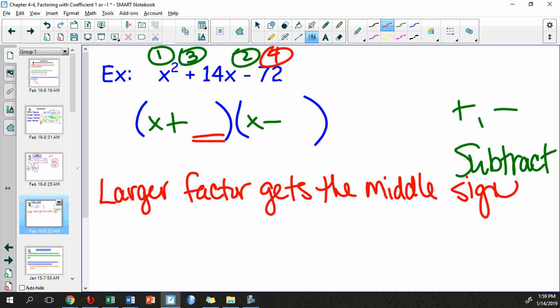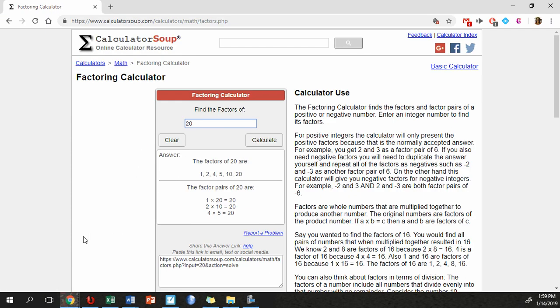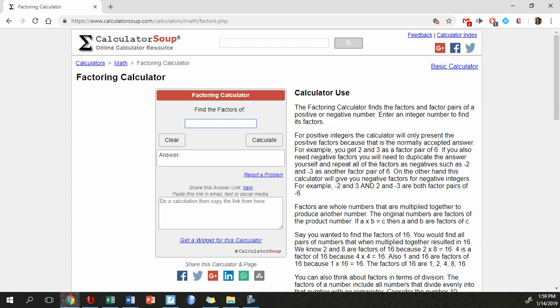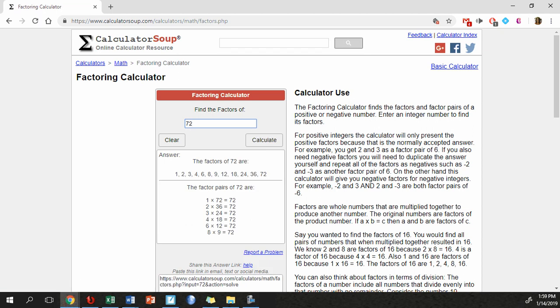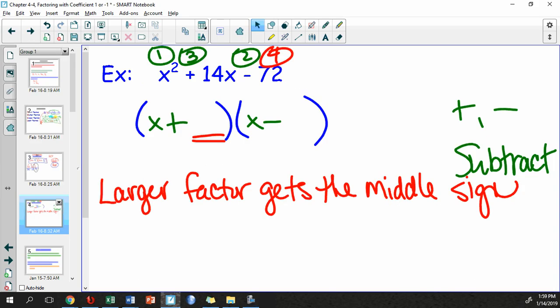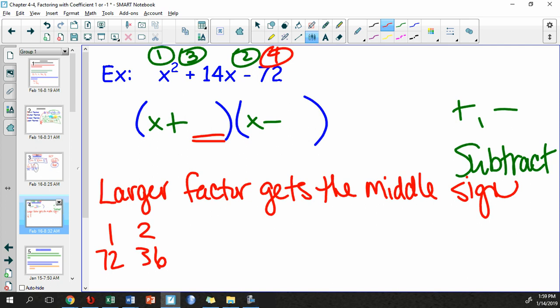So that means the larger factor of my factors of 72 is what is going to go in my first position. So if I go back over to my calculator for my factors, and I type in here 72, it's going to pop out all of our factors. Pretty sweet, right? So no one should screw up their factoring. So my factors are going to be 1 and 72, 2 and 36, 3 and 24, 4 and 18, 5 no, 6 and 12, 7 no, 8 and 9.